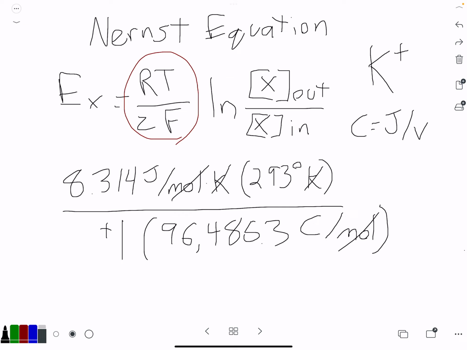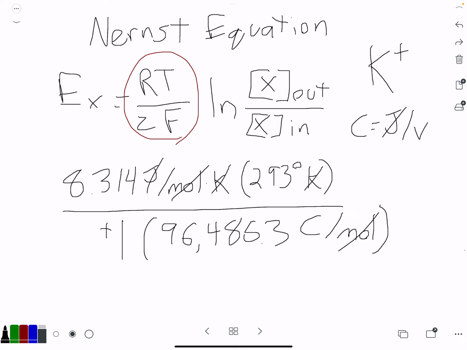The coulombs are joules per volt, so the joules cancel out with the joules. You're left with voltage. So the units of the answer will be volts, and then we can reduce that to millivolts, because it will be quite a small number.